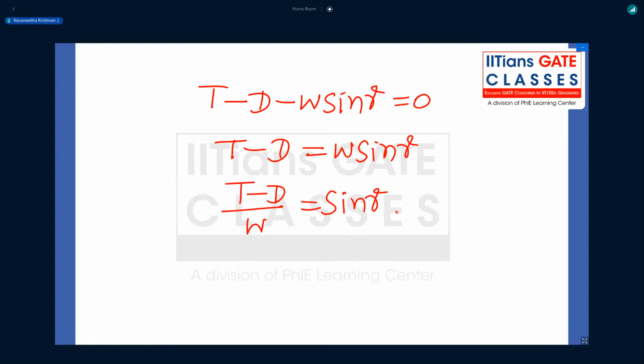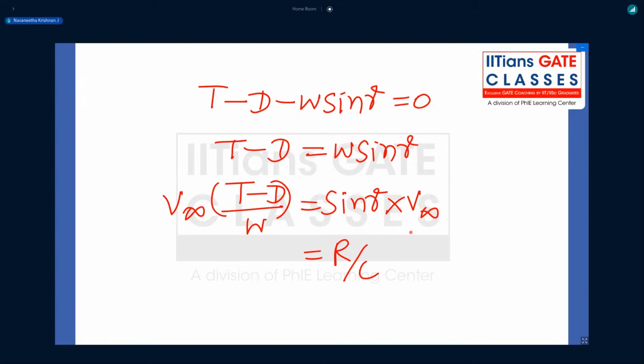If I multiply by V infinity on both sides, V infinity sin gamma is called the rate of climb. It is also called the climbing speed.